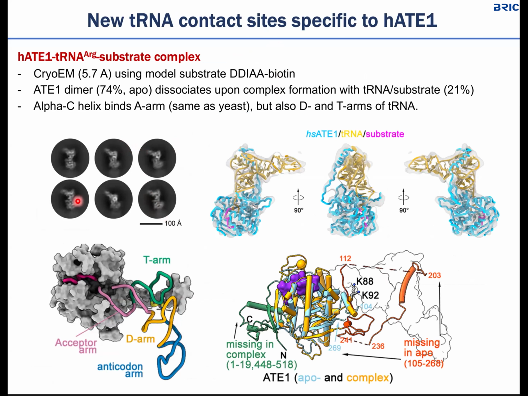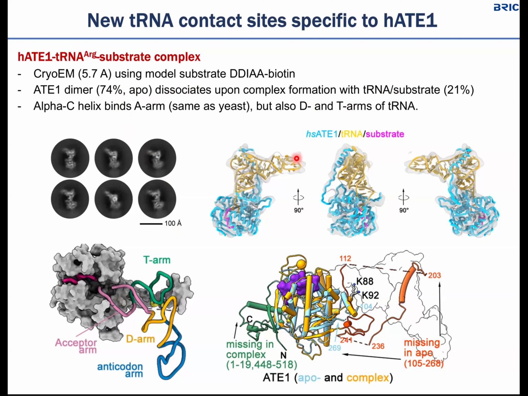Structural characterization by cryo-EM was achieved with an average resolution of 5.7 angstroms for the tripartite complex, and quantification of computationally selected particles, randomly selected particles, indicated that the inclusion of the tRNA and the substrate results in a substantial decrease of the AT1 dimer population, dropping from 74% in the aqueous state to 21% in the presence of tRNA and substrate peptide.